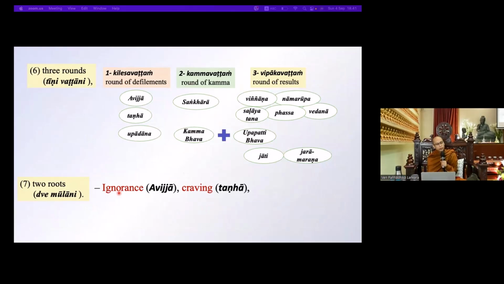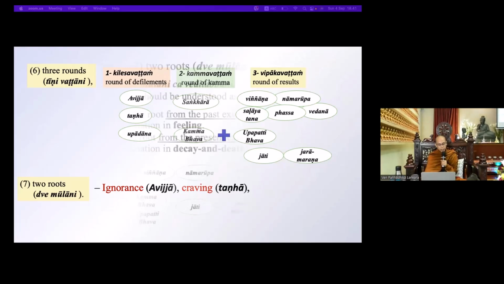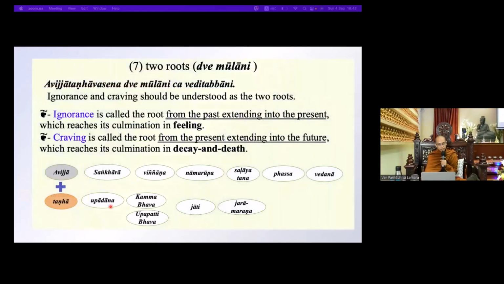And the two roots of the Vata are ignorance, avijja, and craving, tanha. Ignorance extends to the factors of feeling. Avijja and sankhara are past factors. Ignorance is a past factor producing its result, sankhara, and continues up to the factors of feeling as a root.